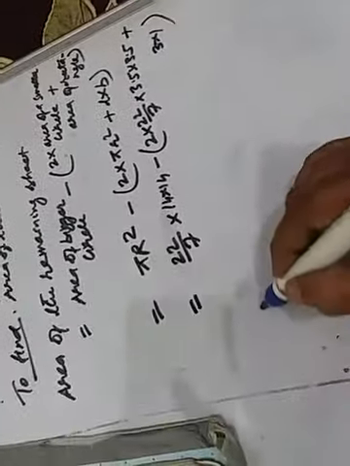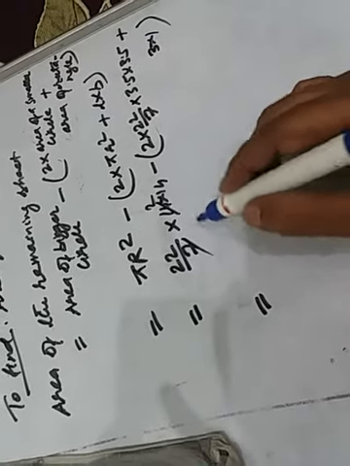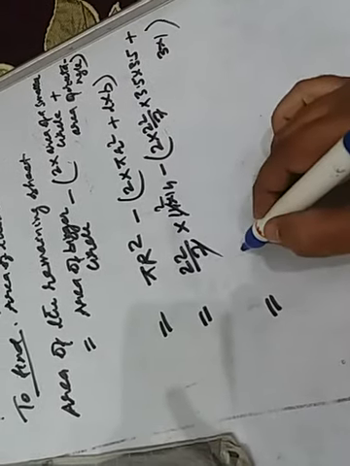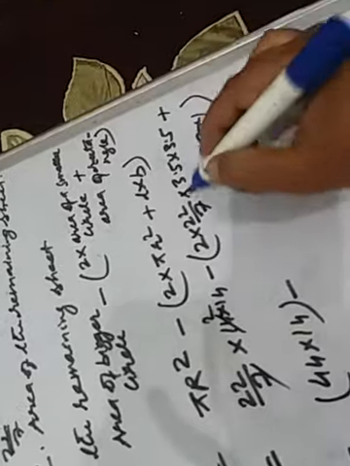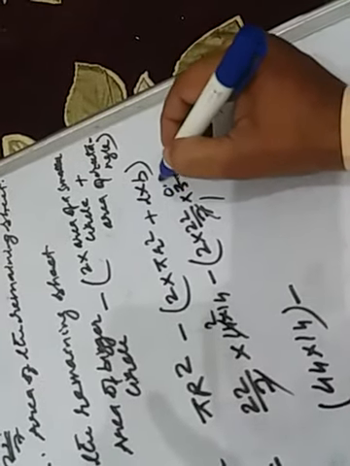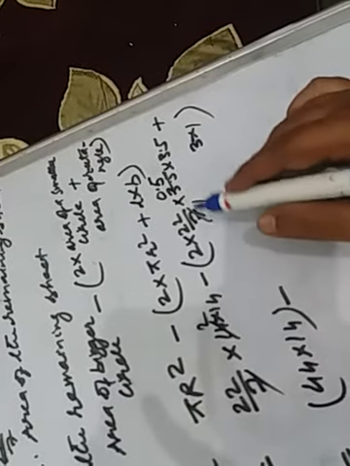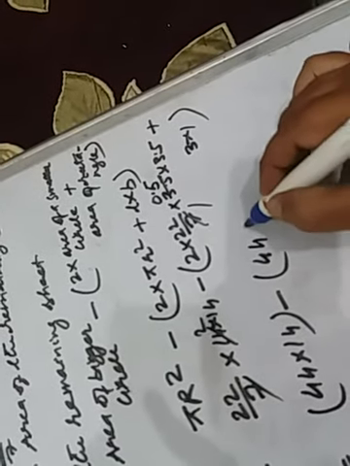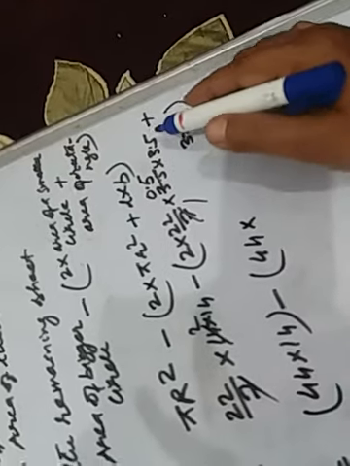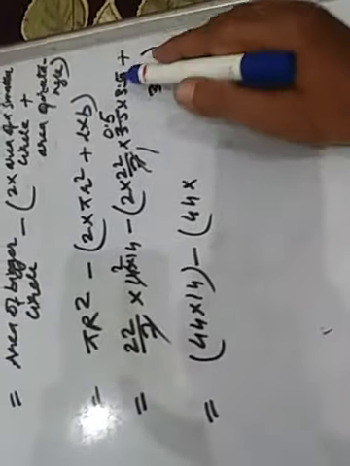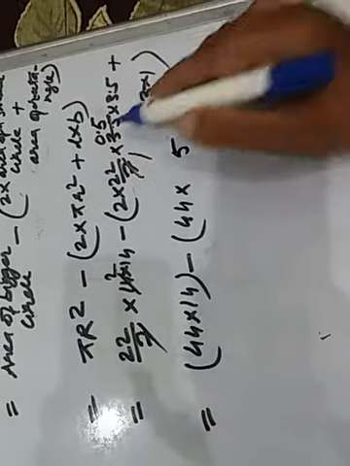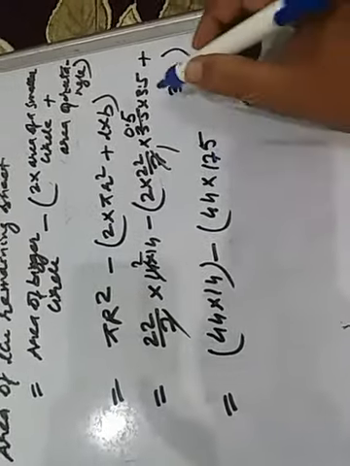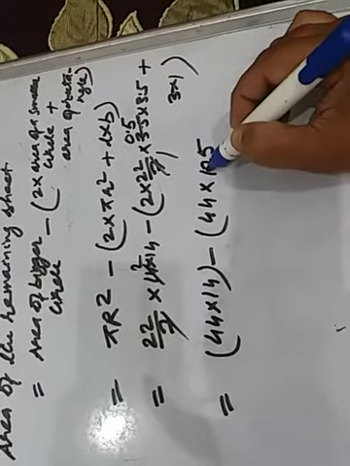Now children, let us simplify it. 7 1s are 7, 7 2s are 14, and 22 multiplied by 2 is 44, multiplied by 14, minus 22 by 7 multiplied by 3.5 multiplied by 3.5, that is 44 multiplied by 1.75.